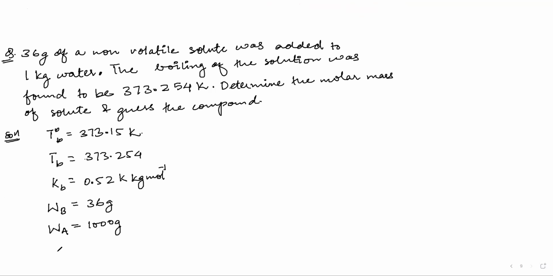Tell me how much is delta T_B? Sir, in the question, T_B is not given. T_B is still given, the boiling point of solution. You're telling me T naught B is not given? Yeah, T naught B is not given. Something is missing?